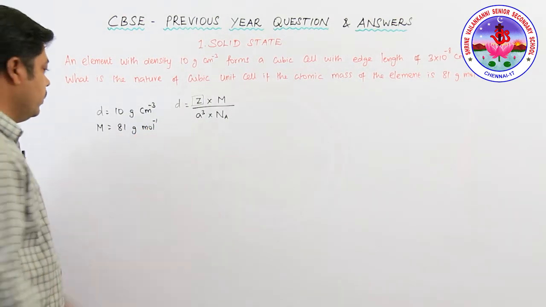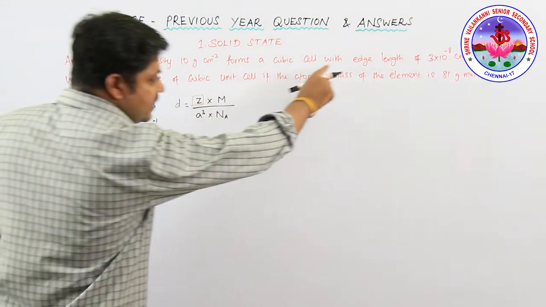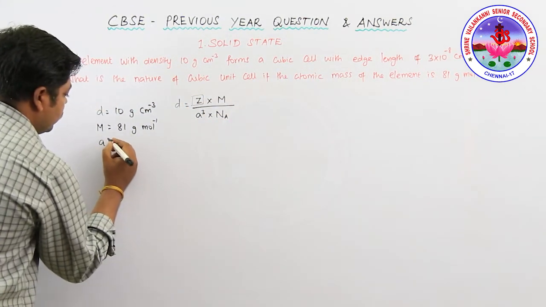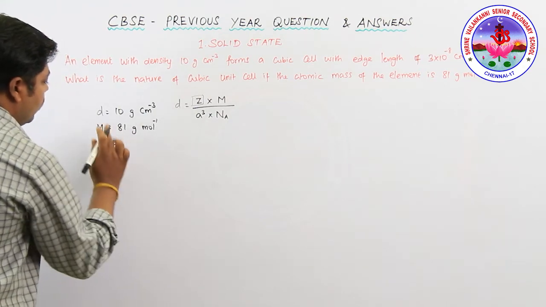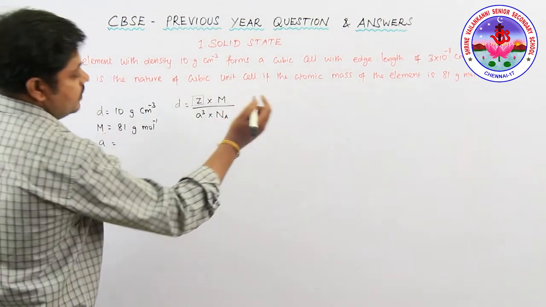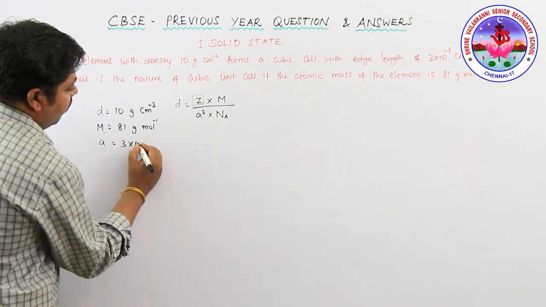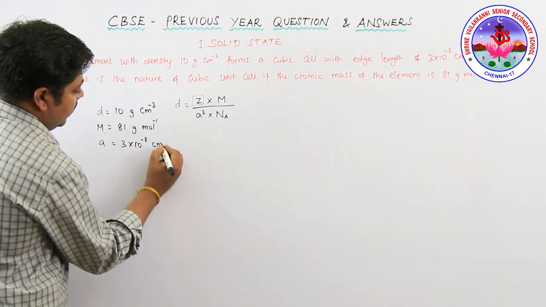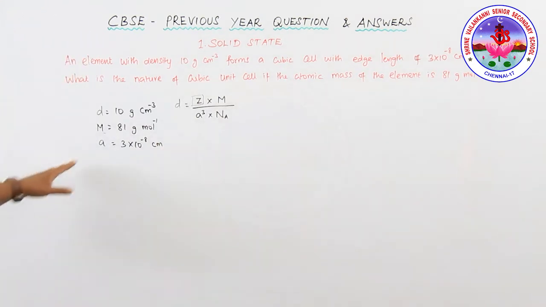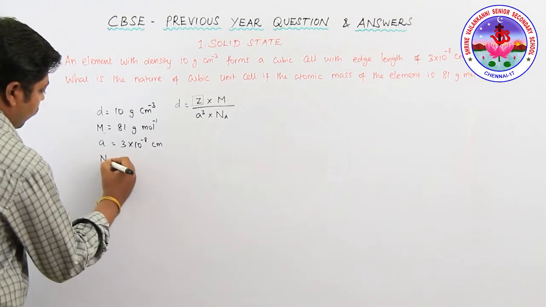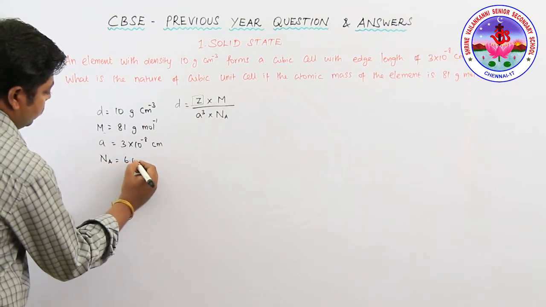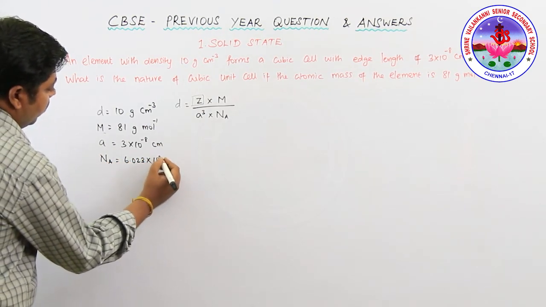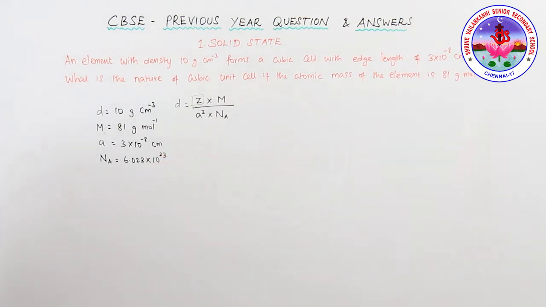A is the edge length, 3 into 10 power minus 8 centimeter. Finally, the Avogadro value, Na, is 6.022 into 10 power 23 per mole.